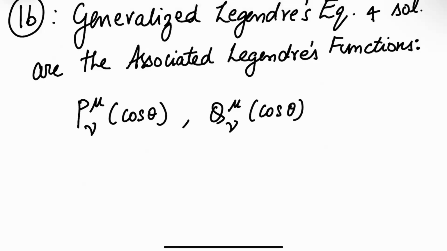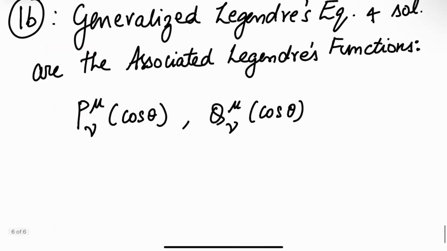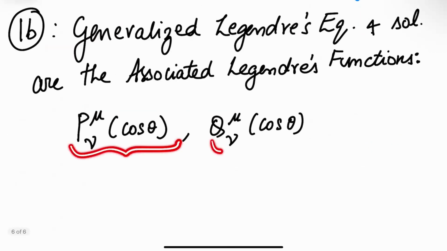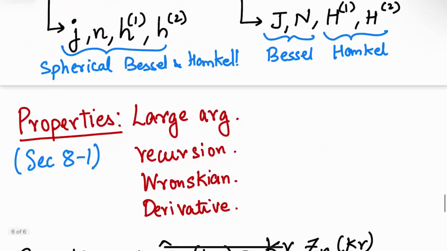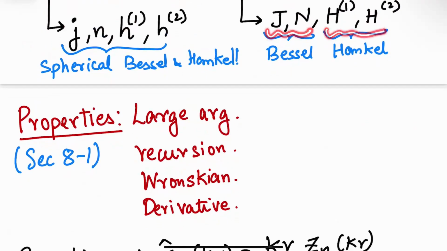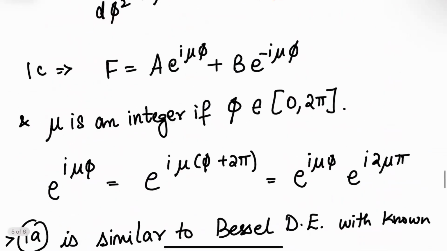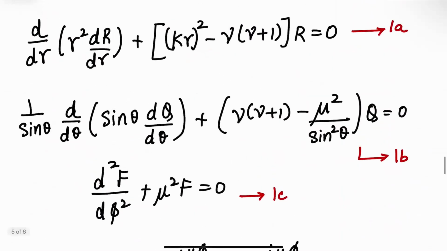So why do we always have these two different independent solutions? In the Bessel equation, we had either the Hankel functions or the Bessel functions, again, they always come in pairs. Even in this case, we have e to the i and e to the minus i, or cosine and sine. The reason is that these are all second order differential equations.